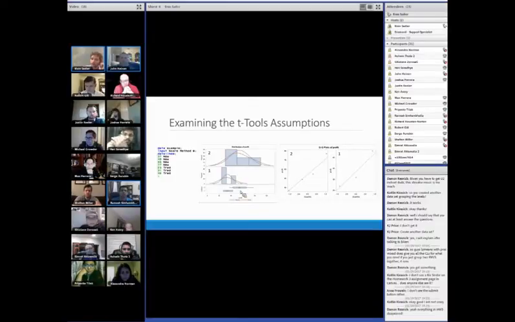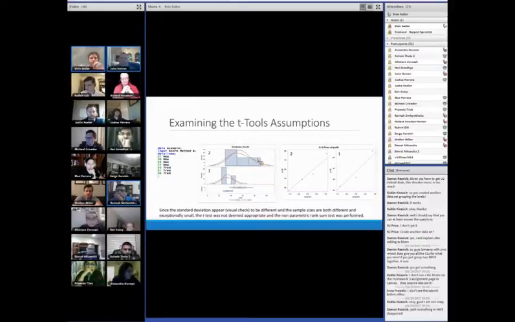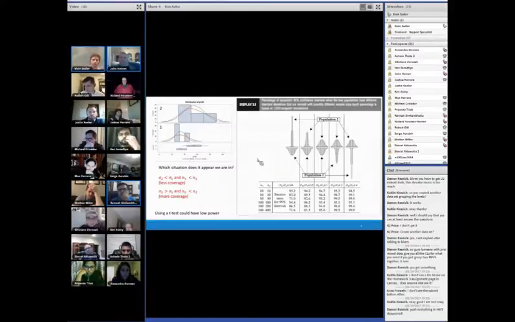It's not super inconsistent with a normal distribution, but since we have such little data, and there does appear to be a difference in standard deviation, we might just want to be conservative and go to an alternative to the t-test, because we're not sure what distribution we're pulling from. So we remember which situation it appears we're in.